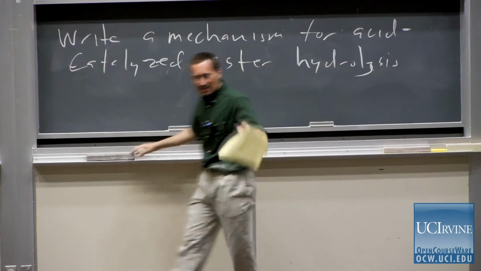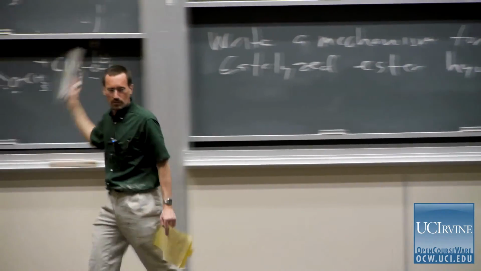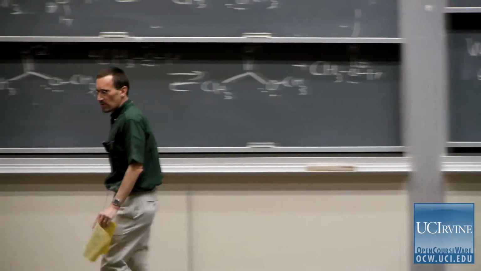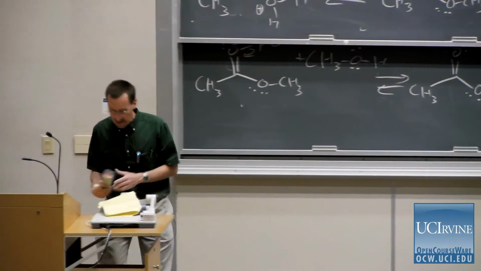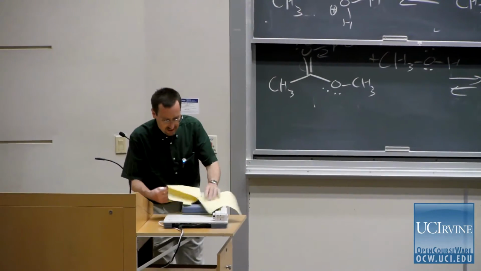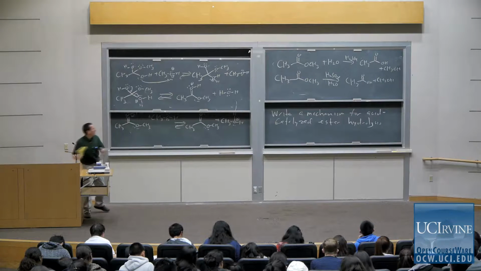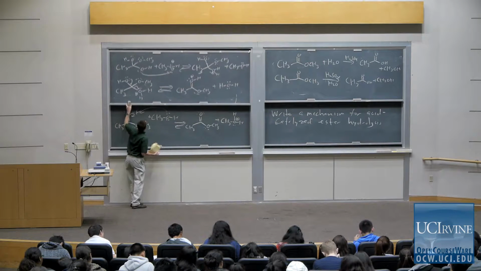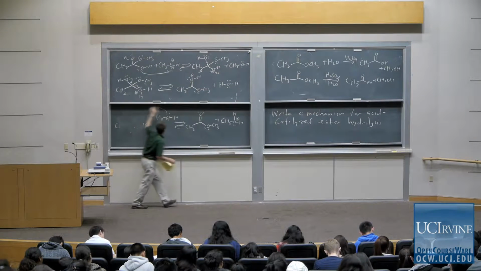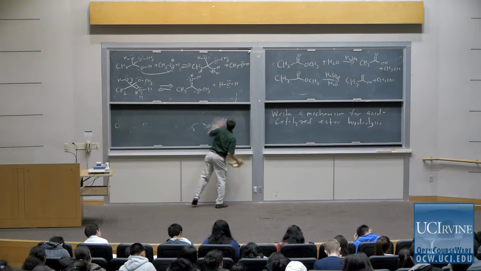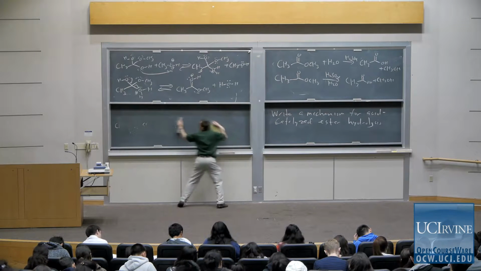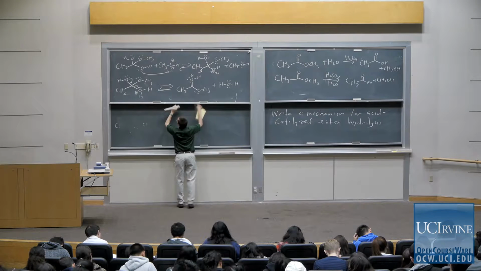It's identical to the mechanism that I just wrote up, but in reverse. And you can figure that out. All right. I want to move on to a little bit of other chemistry of esters, carboxylic acids, and then talk about amides and nitriles.